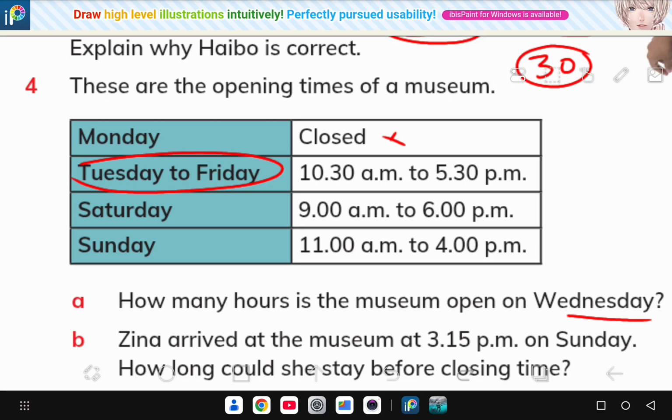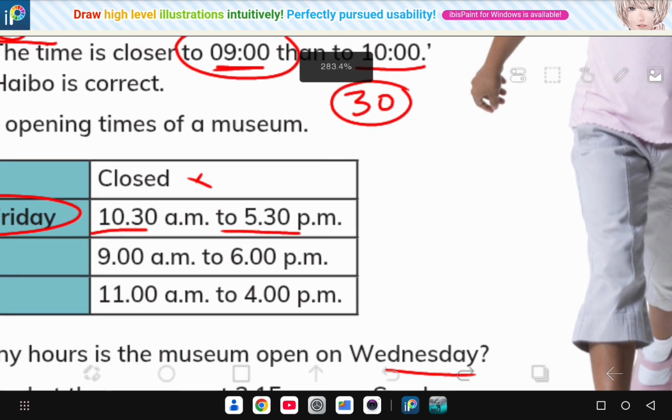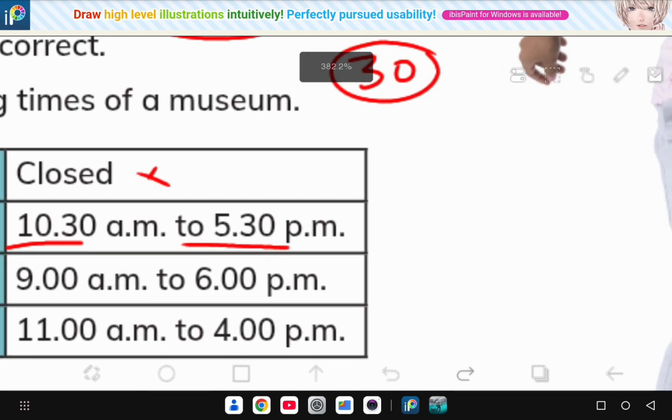So it opens from 10:30 to 5:30. Also, I can do two methods. The first method, I can count with my fingers how many hours after 10 and a half: 11 and a half a.m., 12 and a half p.m., then 1:30 p.m., 2:30 p.m., 3:30 p.m., 4:30 p.m., 5:30 p.m., which is 7, or I can do the 2 steps.